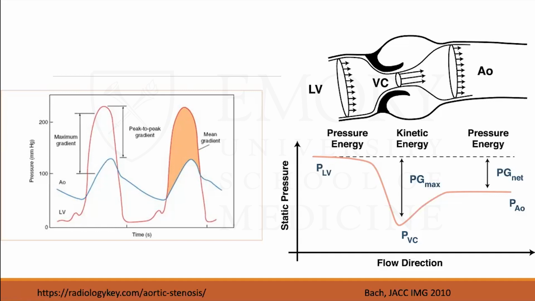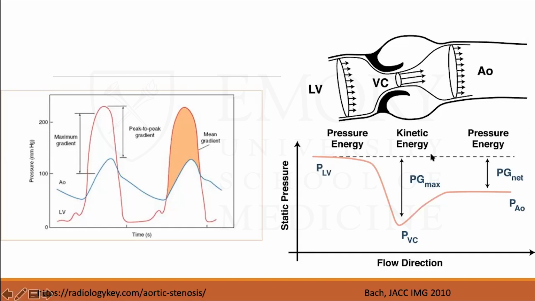So in the cath lab, when you're measuring your peak to peak gradient, that's probably not capturing the biggest difference between the gradients. Echo measures the maximum instantaneous gradient between the LV and the aorta, and that's why typically the peak gradient you get by echo is higher. However, the mean gradients between echo and cath should correlate.